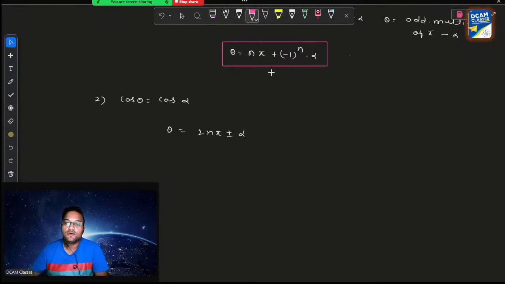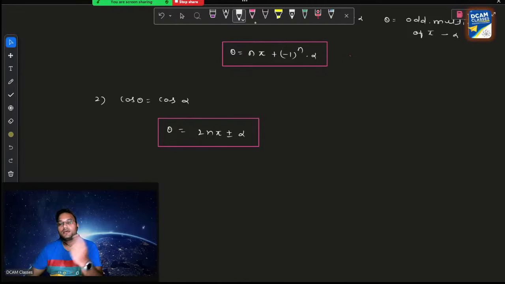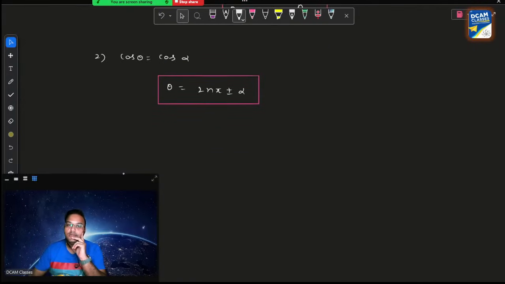You will apply cos theta minus cos alpha, and then you will see what are the two different cases, find a solution for each of them, and then combine both the cases. You'll get this kind of result only. These general solutions only you have to remember for solving questions.